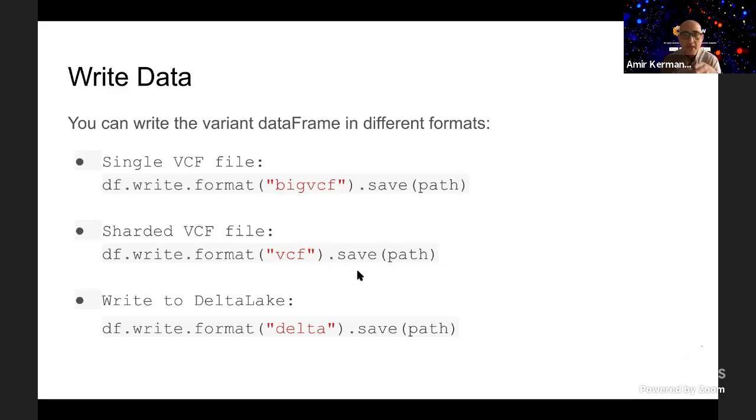However, one of the big advantages of Glow, in my opinion, is its native integration within the Spark ecosystem. So if you ingested the data set in a Spark data frame, now you can easily write it into Delta Lake.